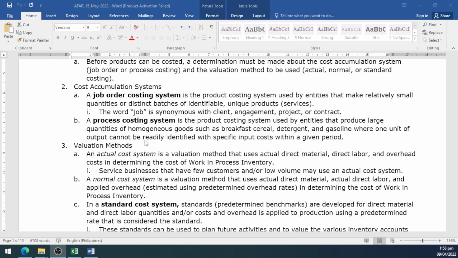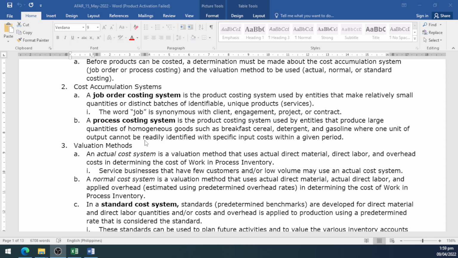Magkakaibang dimension, magkakaiba kung ano ang materials na nire-require. So, each job will be treated as a separate cost unit. So, we are going to accumulate the cost of each job.